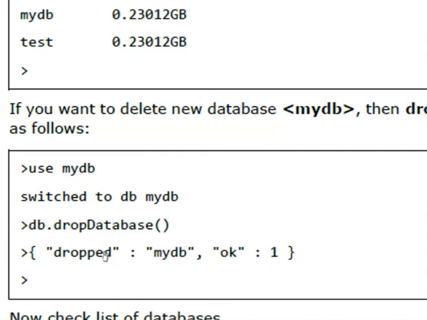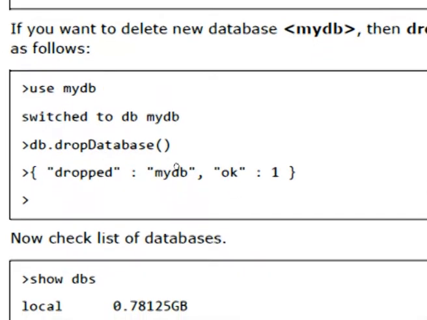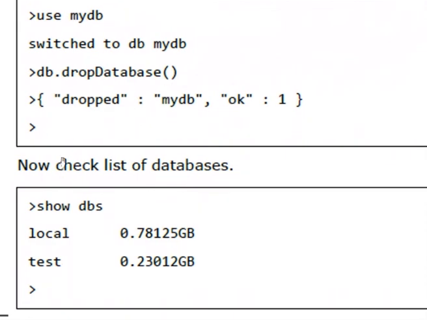It will return a value: dropped MyDB, ok 1, which indicates that the MyDB database has been dropped. Now, if you use the show dbs command to list the available databases, you can find your MyDB database deleted, and only the remaining two databases, local and test, will be shown here.